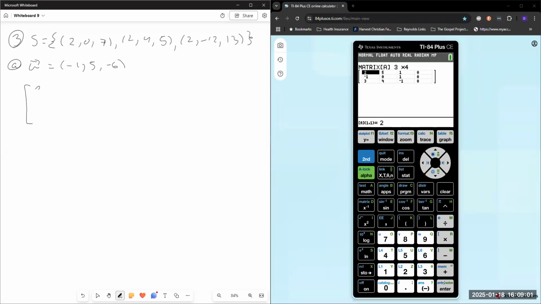So this is going to be 2, 2, 2, -1, 0, 4, -12, 5, and 7, 5, 13, -6.